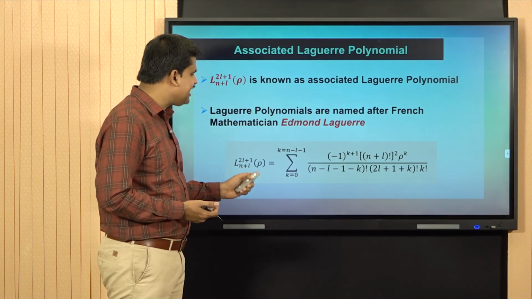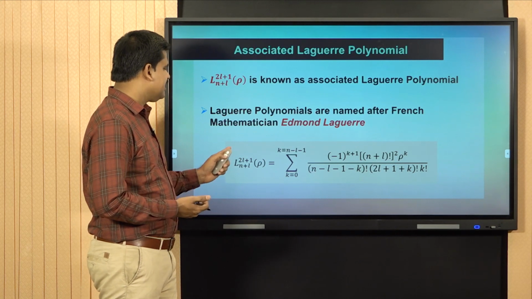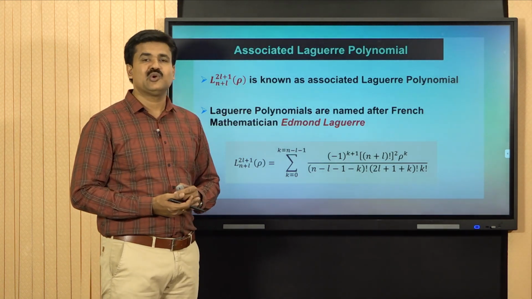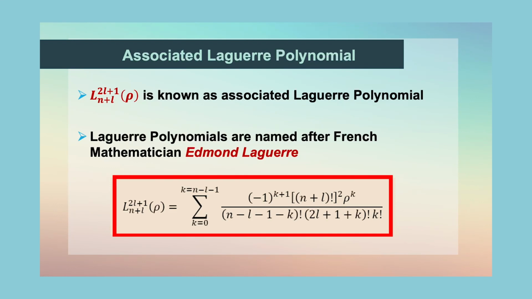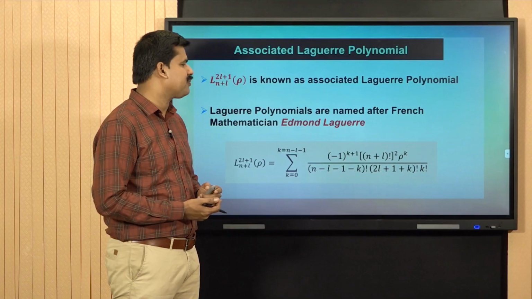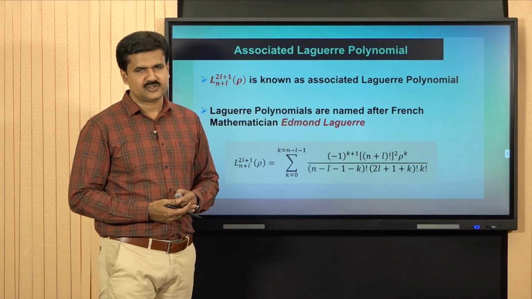This is the expansion of the Laguerre polynomial: L n plus L raised to 2L plus 1 rho is equal to summation k is equal to 0 to k is equal to n minus L minus 1, minus 1 raised to k plus 1 into n plus L factorial square rho raised to k divided by n minus L minus 1 minus k factorial into 2L plus 1 plus k factorial multiplied with k factorial.